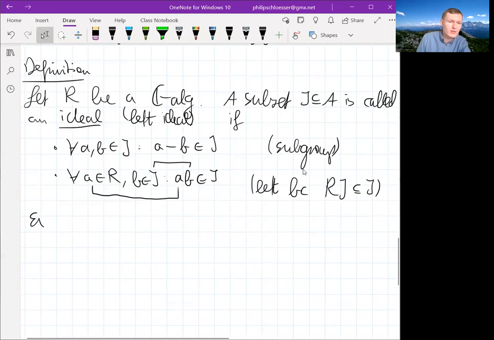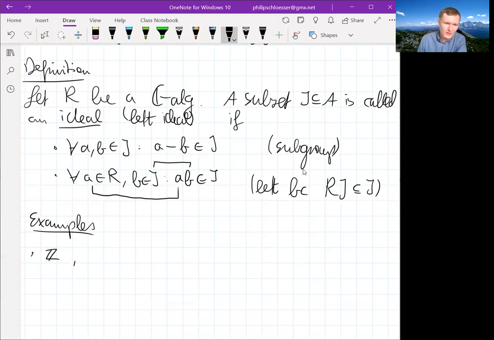And examples. This doesn't necessarily fall under the definitions we have here, but usually the integers are a very nice example of a ring.